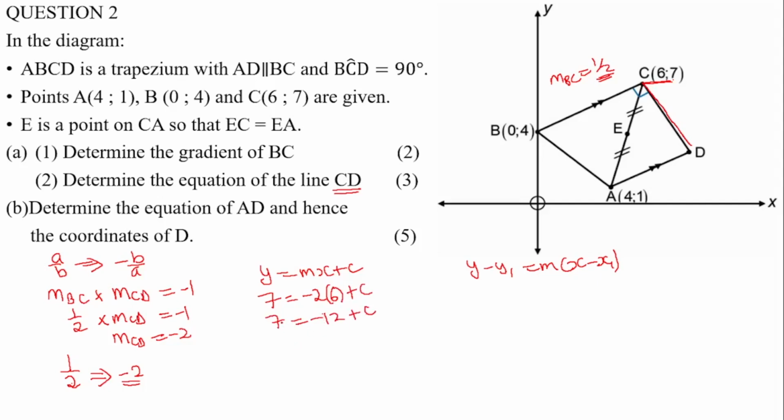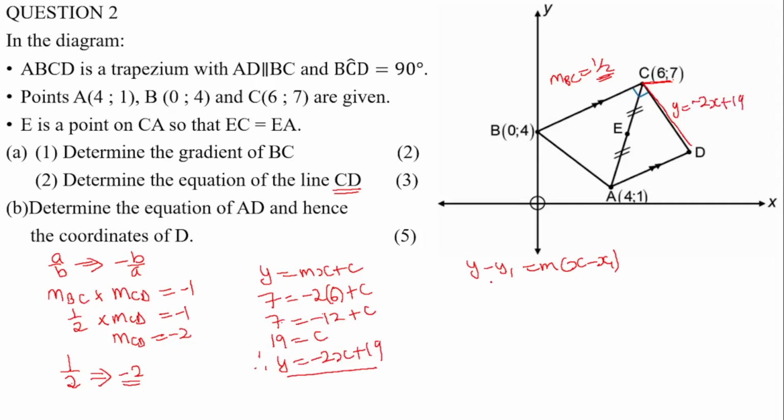Right, transpose negative 12, this side becomes positive 19, so it's equal to c. So it means therefore the equation of the line CD is y is equal to negative 2x plus 19. Okay, right, so y is equal to negative 2x plus 19.